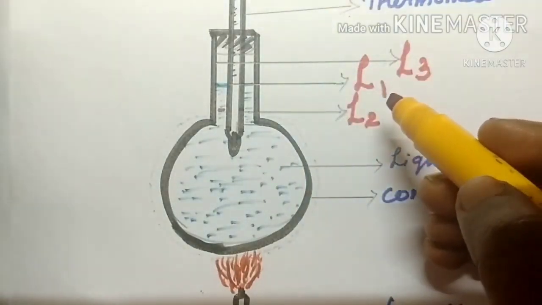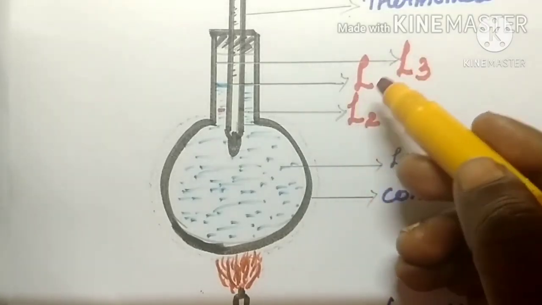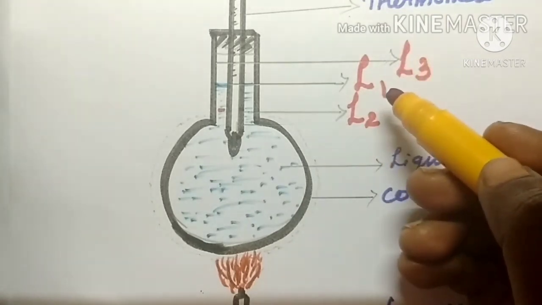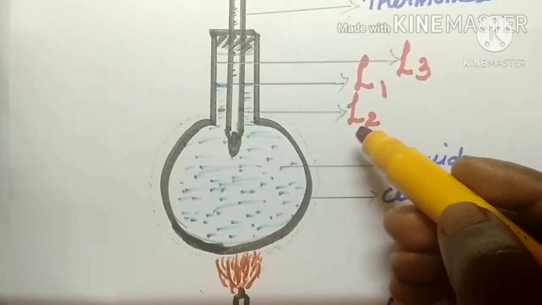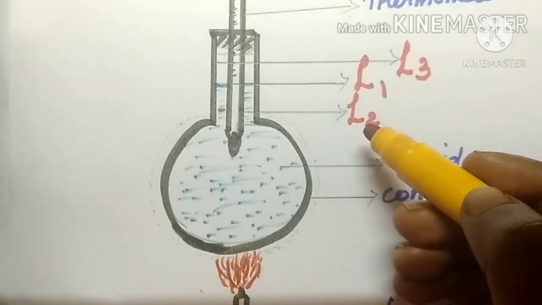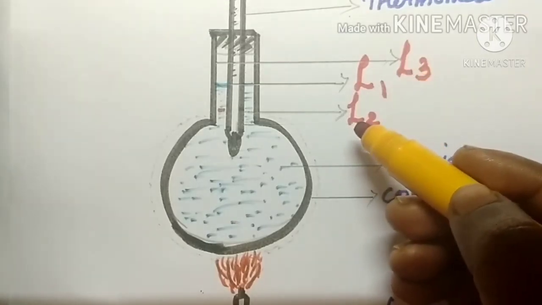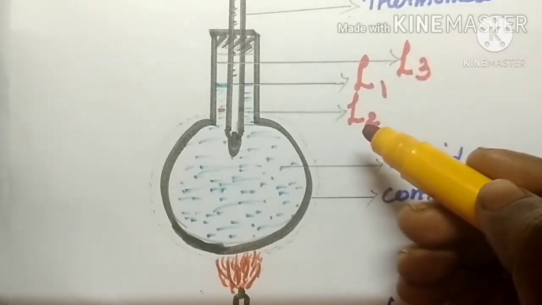Now we can see the difference between the levels L1 and L3. This difference between L1 and L3 gives the apparent expansion, and the difference between L2 and L3 gives the real expansion.